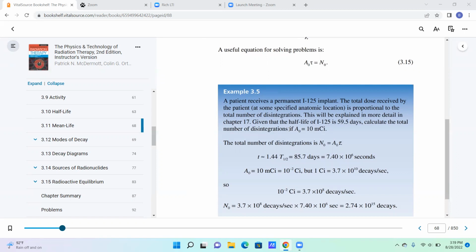So the total number of atoms, or disintegrations, I suppose I should say, is 3.7 times 10 to the 8th decays per second times 7.4 times 10 to the 6th seconds, and it's 2.74 times 10 to the 15th decays.